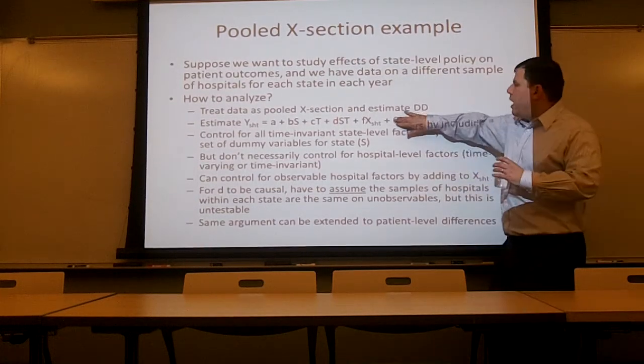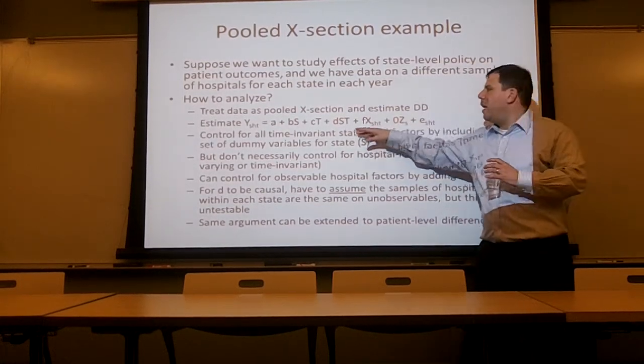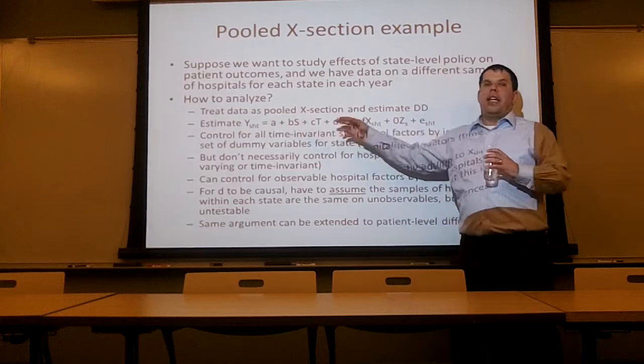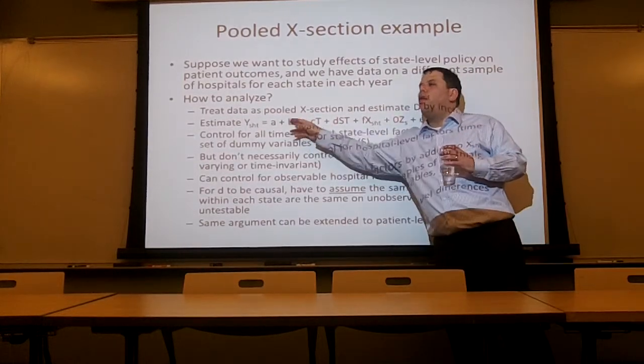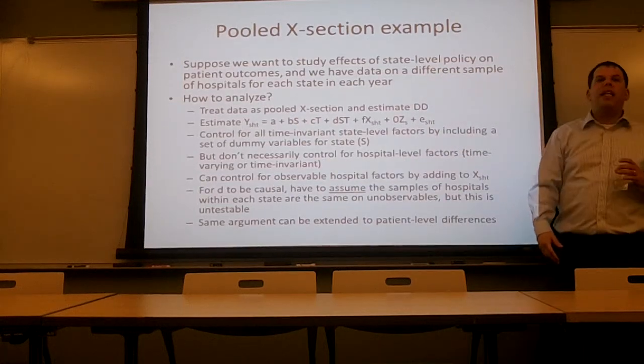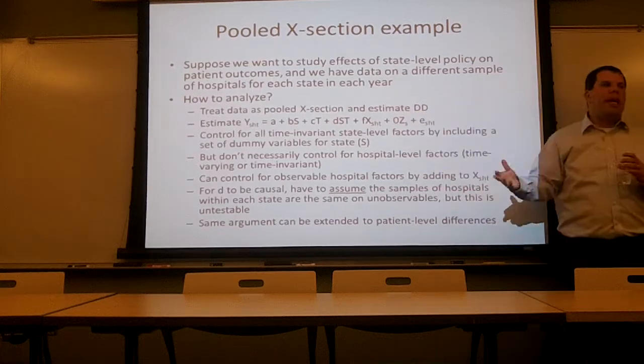So this is the key point. Anything that is time invariant, that's constant over time, within a given state, is captured by this indicator. That's what we're controlling for by putting the state indicator in there. So we can't put anything else in.